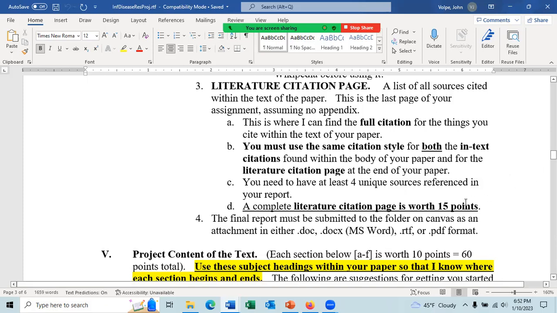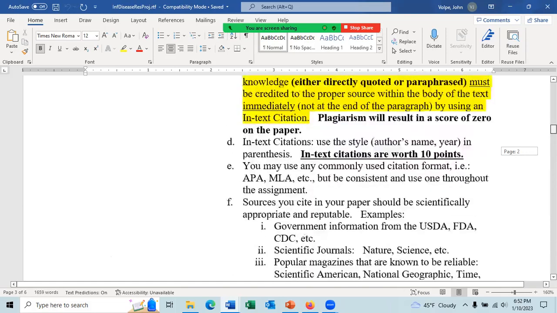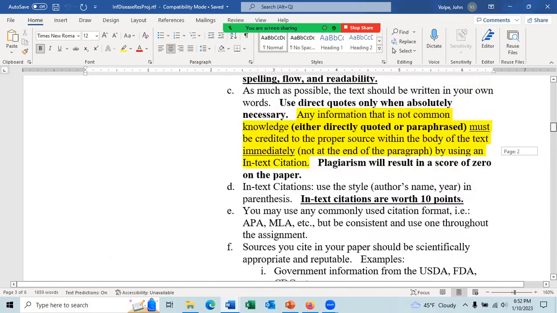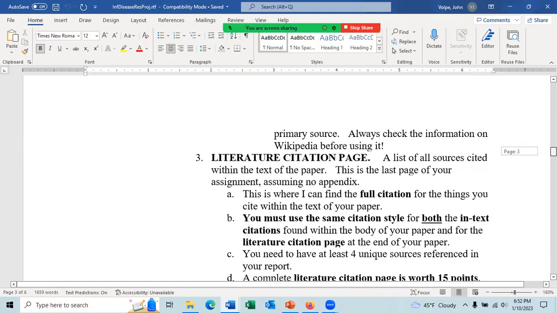All right, so the full citations are worth 15 points. The index citations are worth 10 points. Generally, when I'm looking at the full text, I'll be able to tell right off the bat whether it's a good citation or not. So I don't even have to look them up. I can usually look at it and tell.